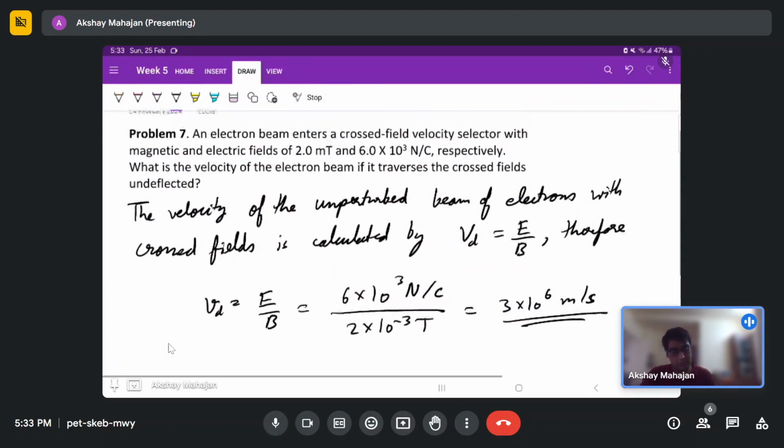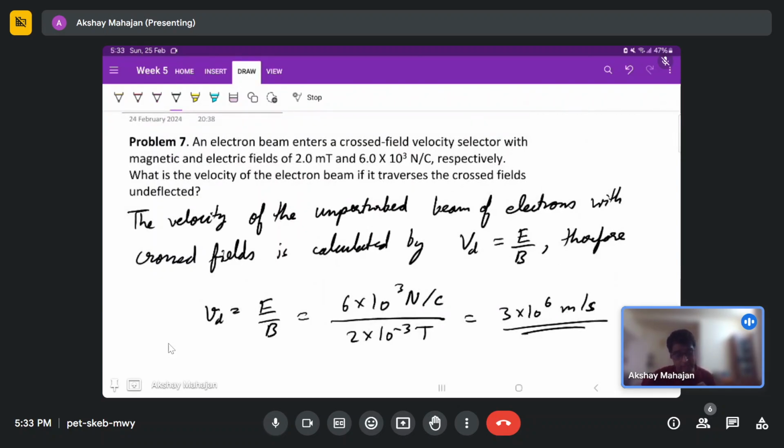In the problem, as I said, it is a velocity selector, and you have some crossed field velocity selector. The same thing happens in your Hall effect as well. You have electrons moving in the x direction, you apply a magnetic field along the z direction, and then you create a Hall field in the y direction, Ey. We have to find the velocity of the electrons which are not deflected.